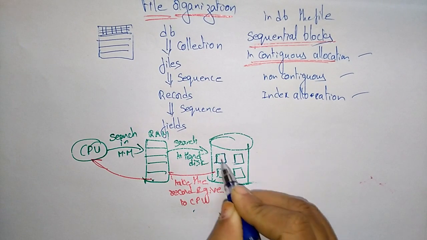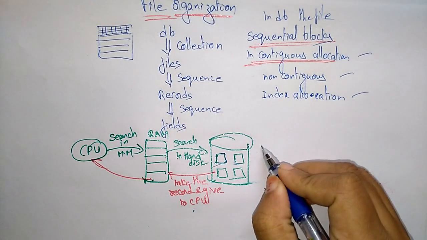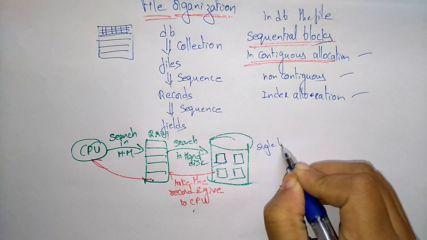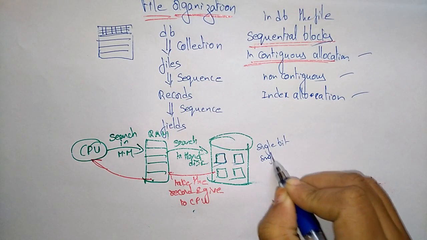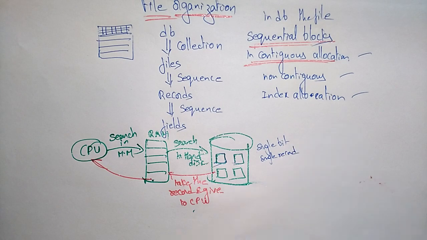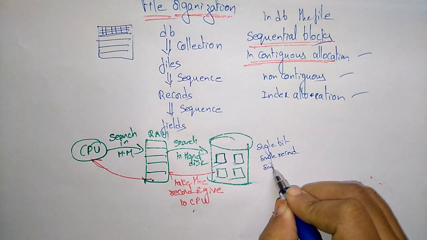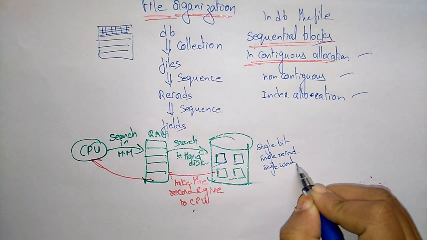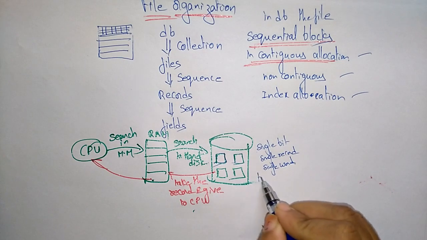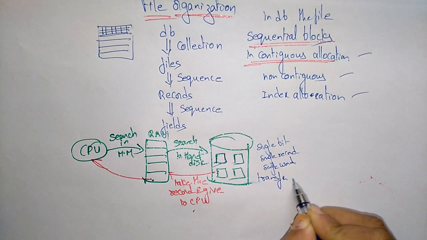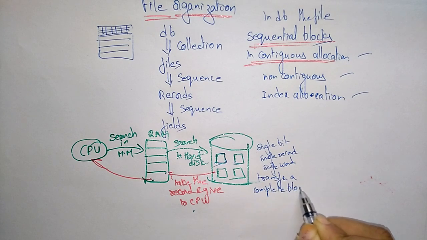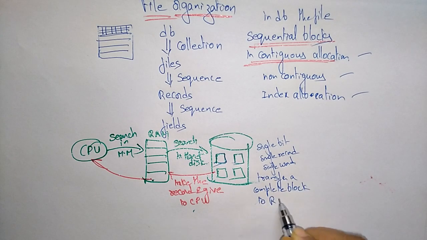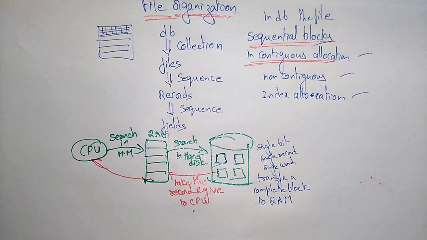It doesn't send a single bit, a single record, or a single word at one time. It only transfers a complete block to RAM. So that you have to note.